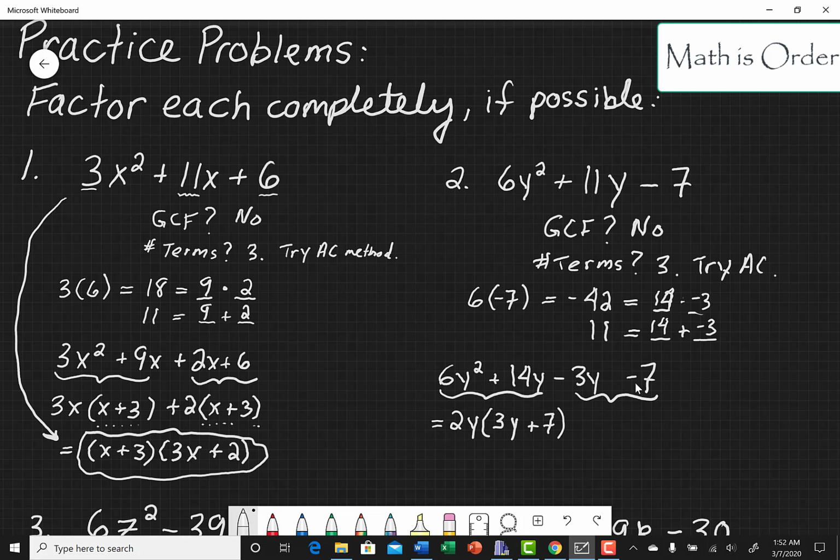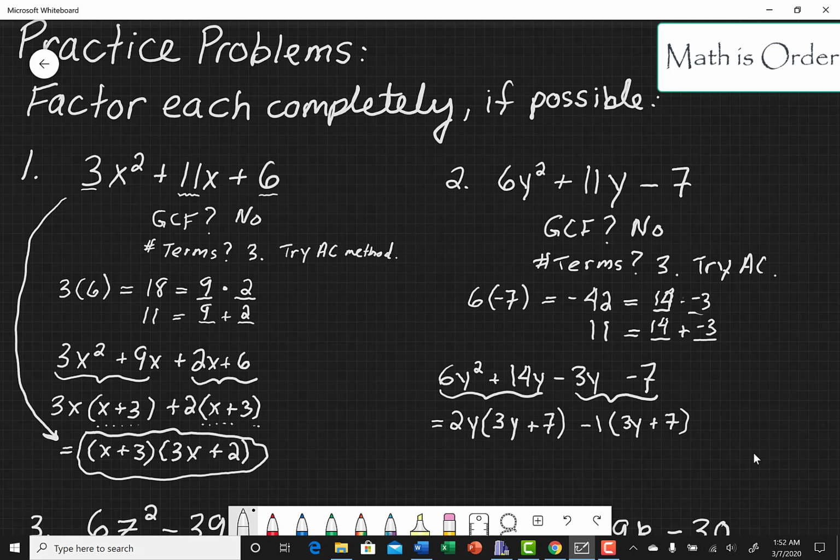And next we look at these two. We're going to need to factor out, let's try -1. If we factor out a -1, what would be left then? 3y plus 7. And you can see that when we multiply -1 throughout the parentheses here, we are going to get back to -3y minus 7.